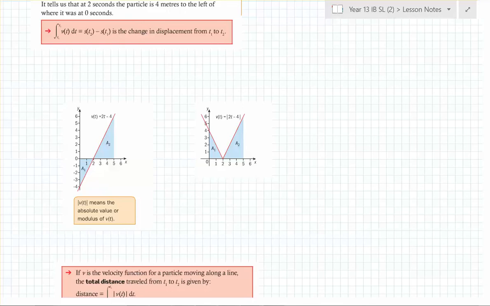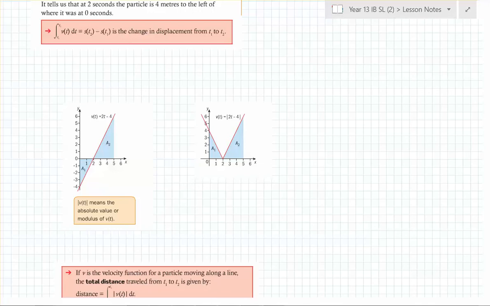What have they done with s of t to get v of t? Differentiated. We're on page 321 now. So the first function of t squared minus 4t plus 3, you see that was differentiated to give us v(t) 2t minus 4.